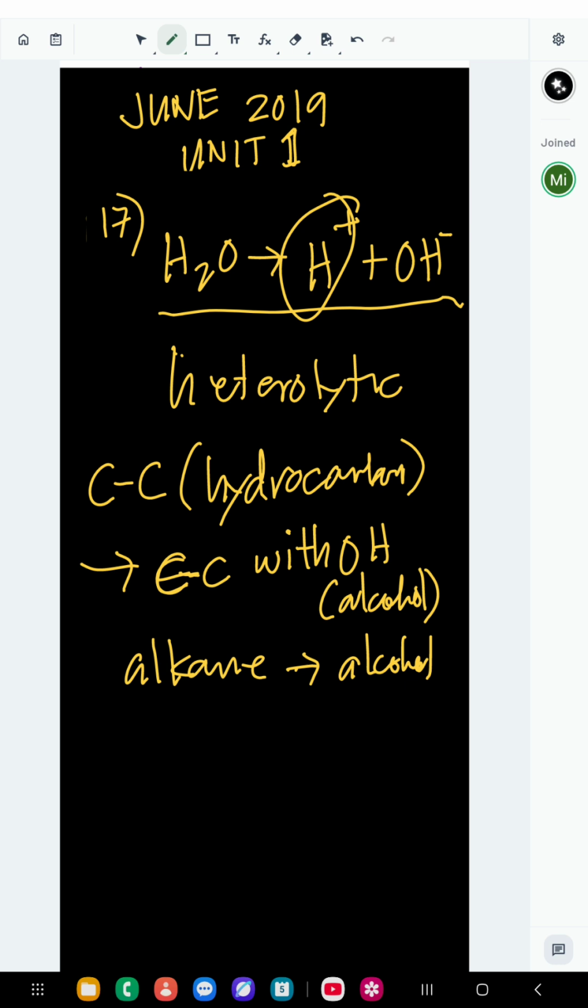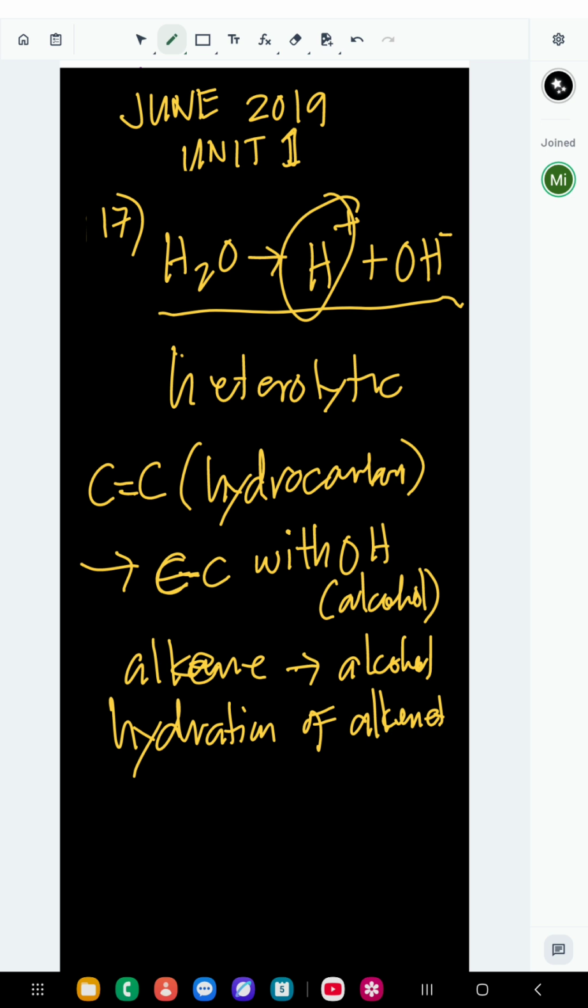Oh, no, it's a double bond. It should be a double bond. It's an alkene. We've got a carbon-carbon double bond. So that means this is hydration of an alkene. And when we say hydration of alkene, we add hydrogen and hydroxide across the carbon-carbon double bond.